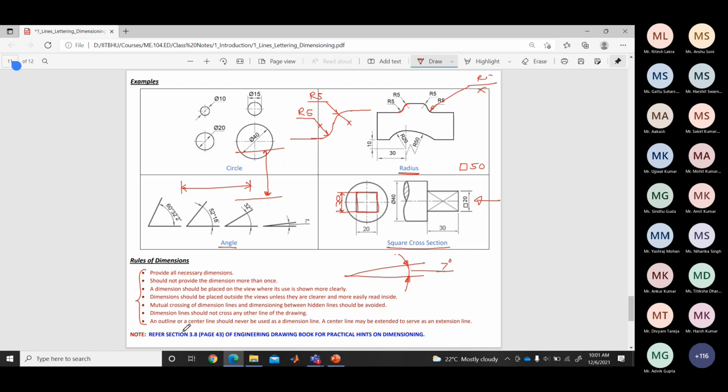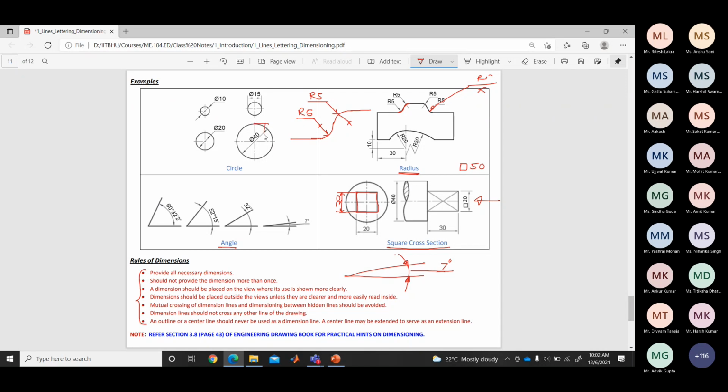The last one is that the outline or center line should not be used as a dimension line. For example, if I take this example, this is the center line, and this is the outline.